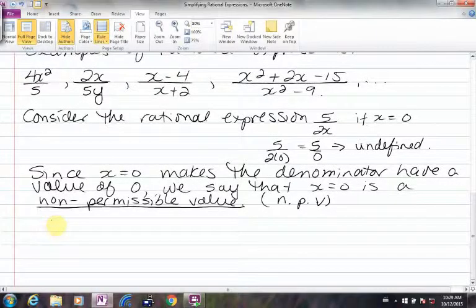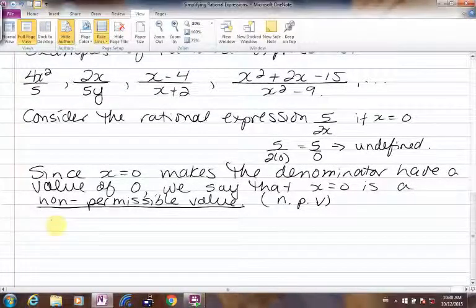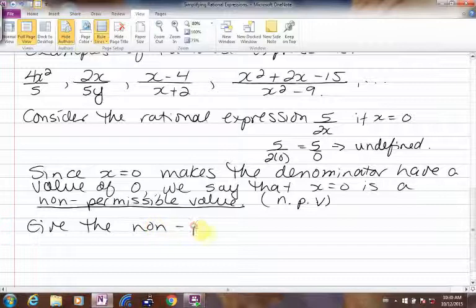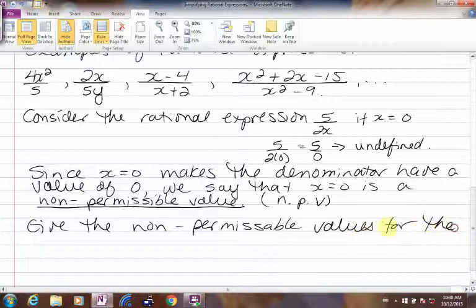All right, so we're going to start by making sure that we can find and state all non-permissible values. So give the non-permissible values for the following rational expressions.